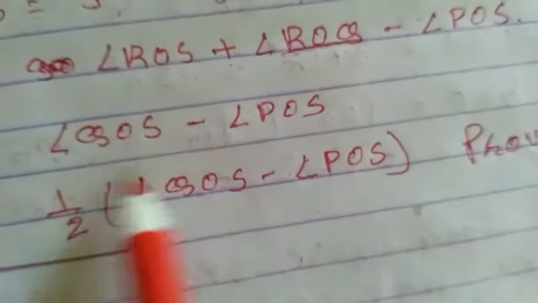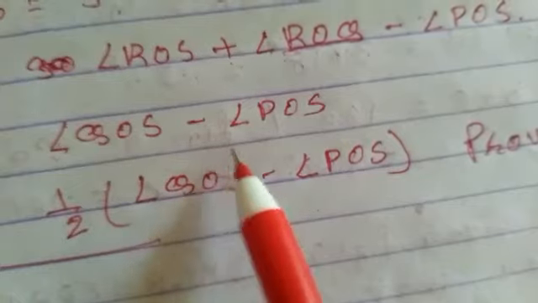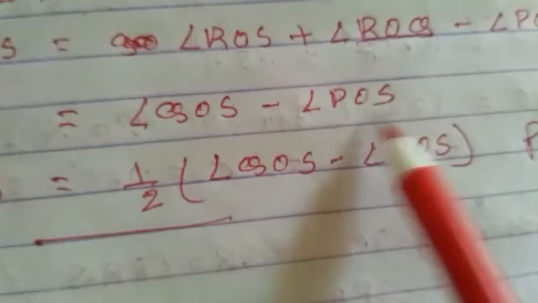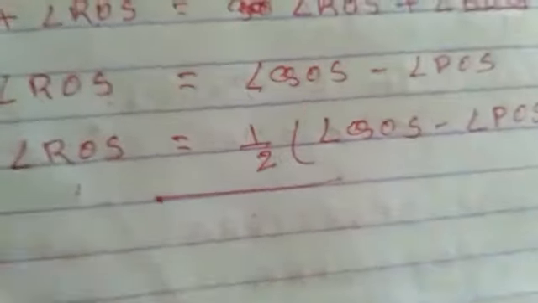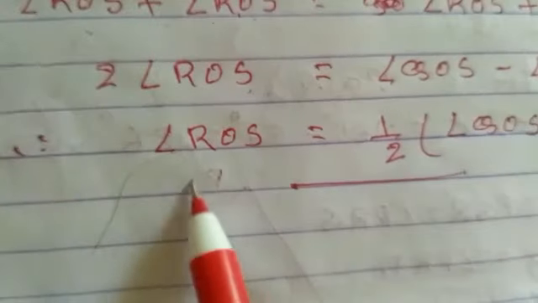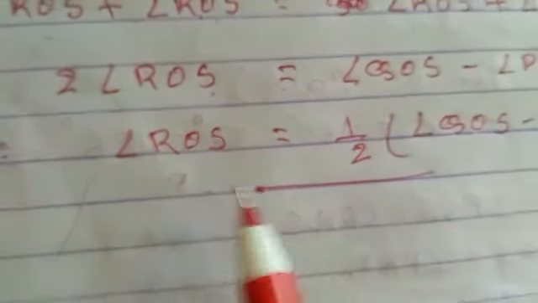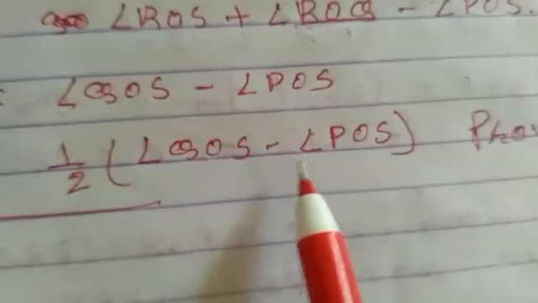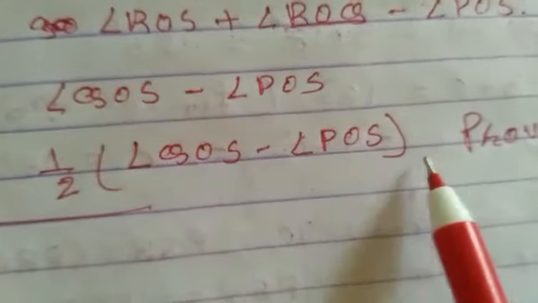So we got QOS minus angle POS. So we can conclude from here that angle ROS is equal to half of angle QOS minus angle POS, and hence it is proved.